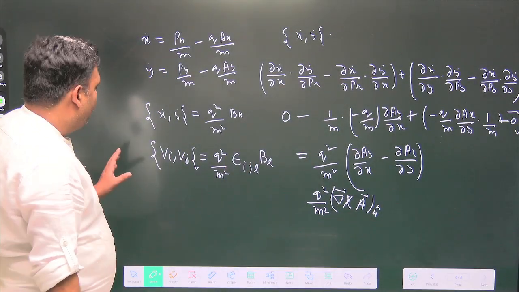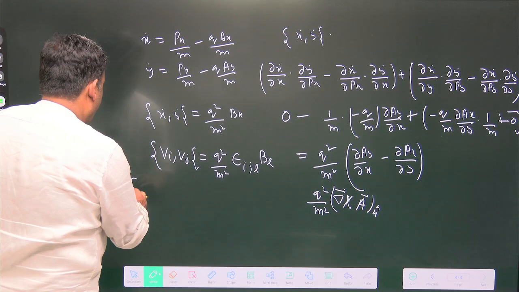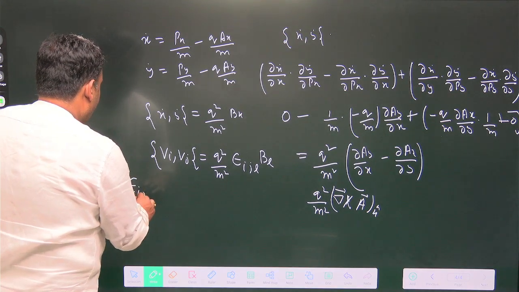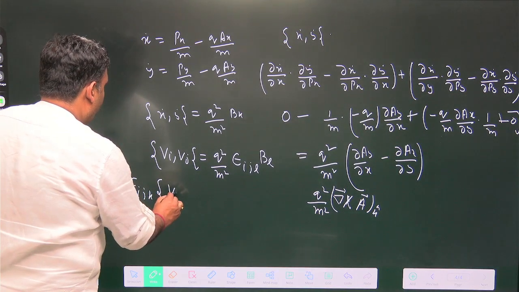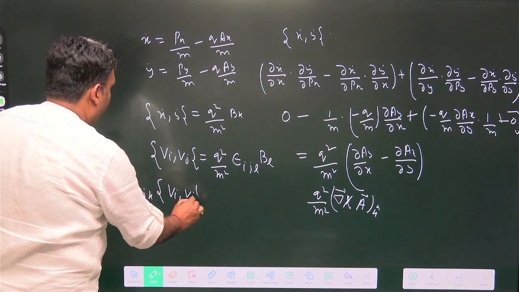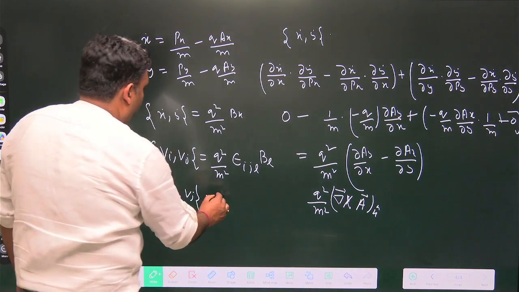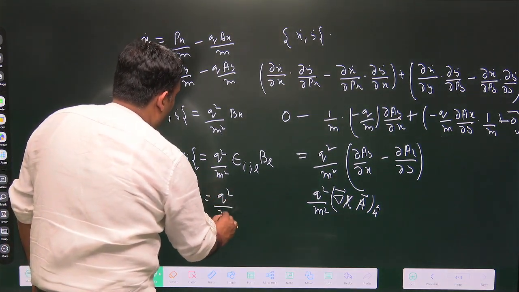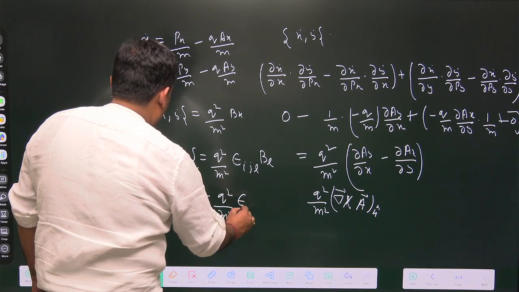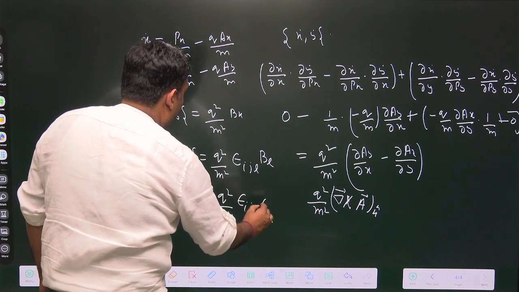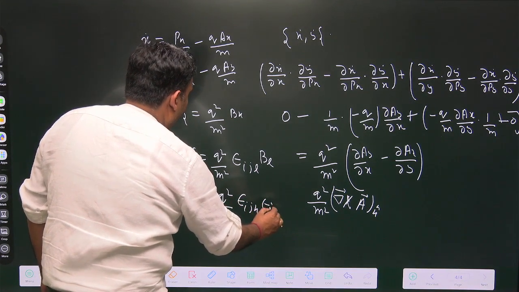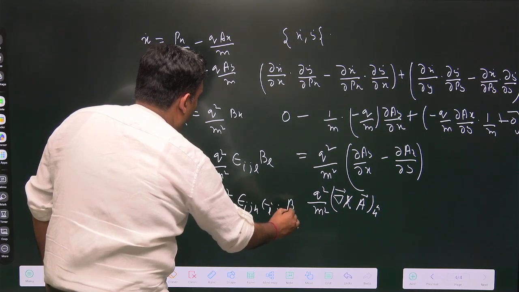Next we have to calculate epsilon ijk times the Poisson bracket of vi and vj, which is equal to q squared upon m squared, epsilon ijk, epsilon ijl Bl.